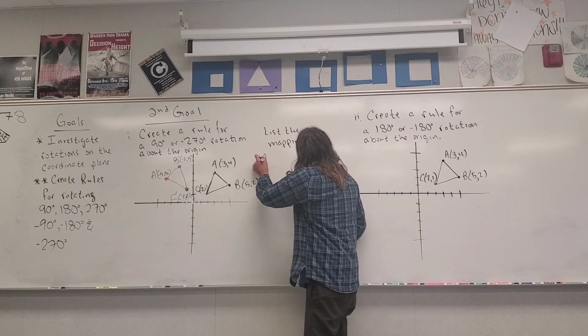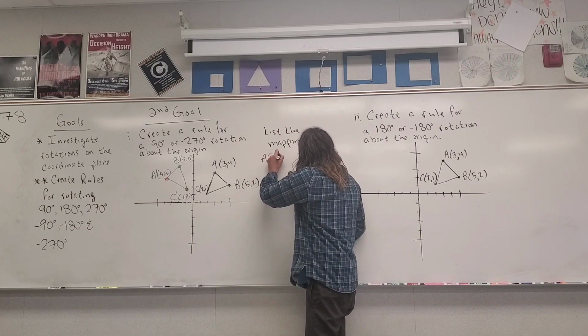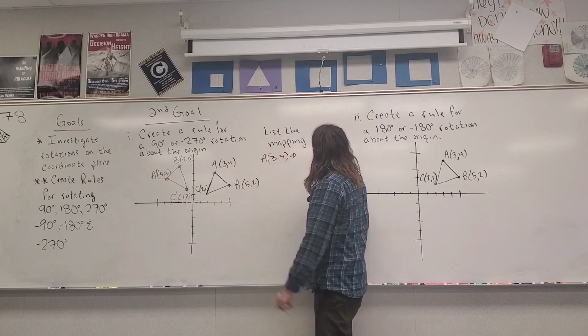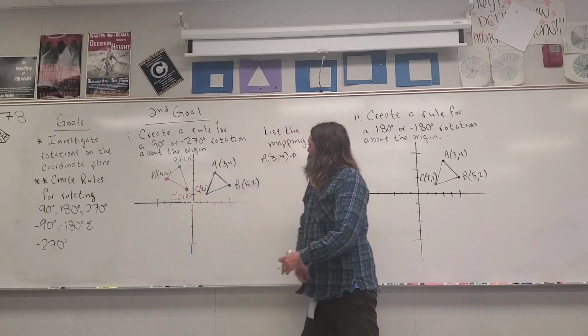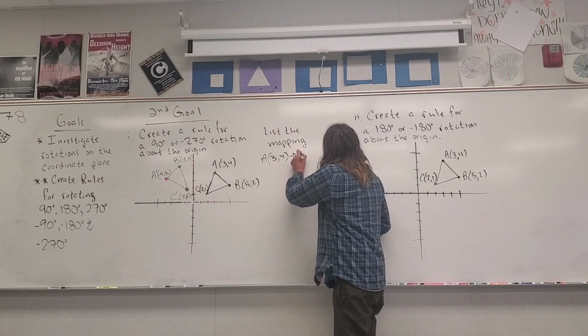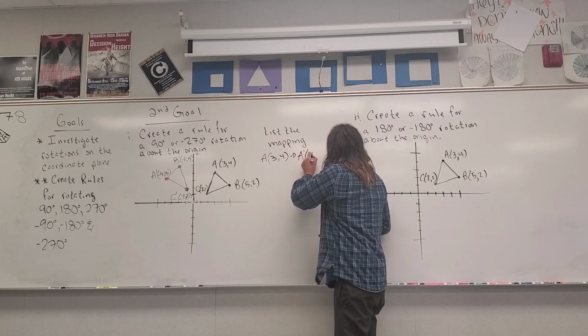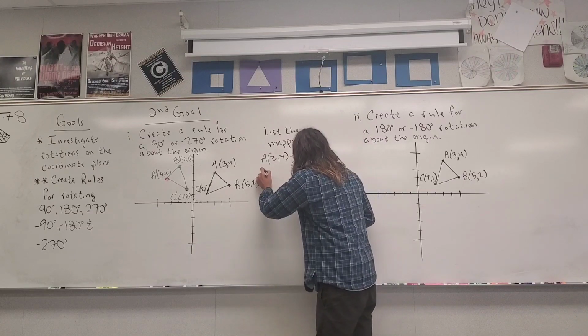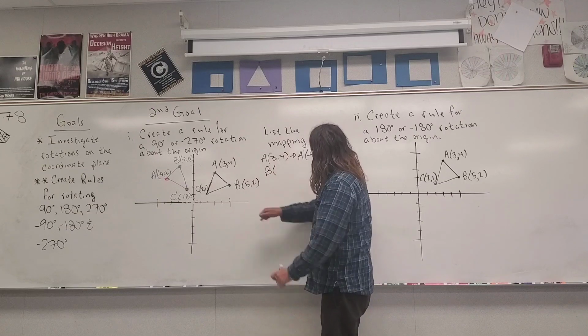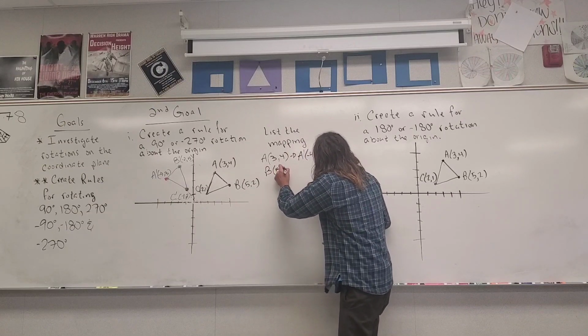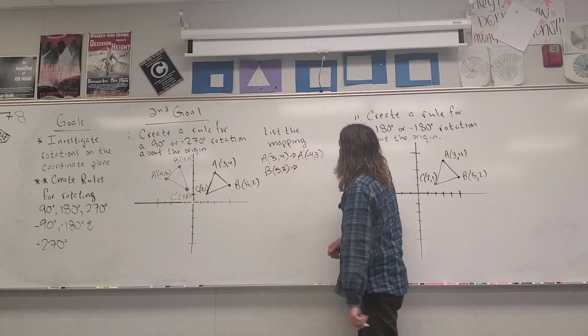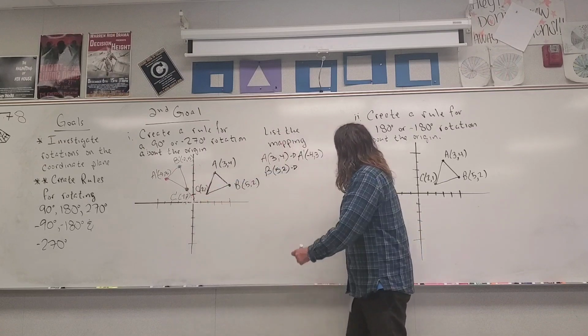So A, which is 3, 4, maps to A prime, which is -4, 3. B, which is 5, 2, maps to B prime, which is -2, 5.